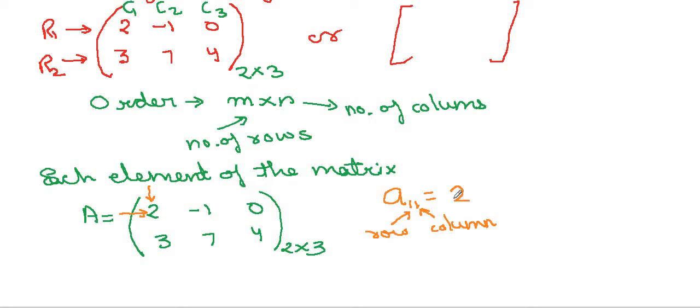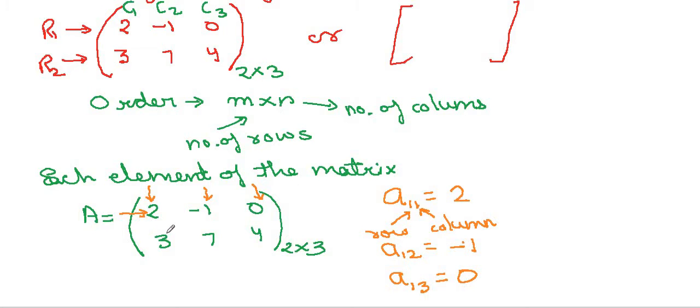We will say 2 has the address a11, right? Now if I say a12, again 1 represents the row and 2 represents the column. First row, second column, so it is -1. If I say a13, it means first row, third column, so we are talking about the element 0.